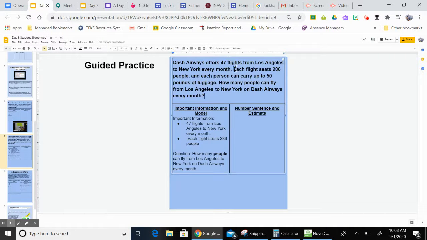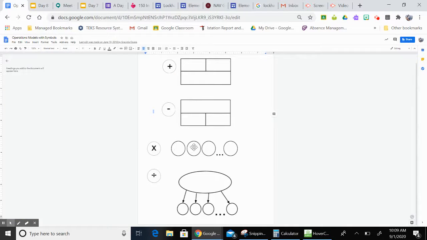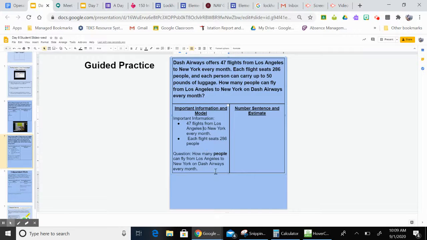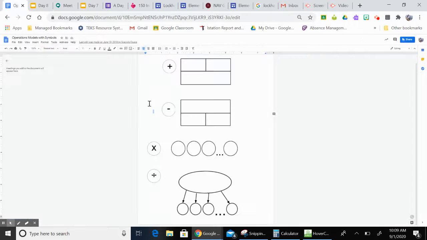I see that it says each flight, so we know that it has an equal number on every flight, and we know how many groups there are, or how many flights there were. Because I know how many groups there are, 47 flights, and how many people are in each group, and because I'm trying to find a total, it did not give me my total.